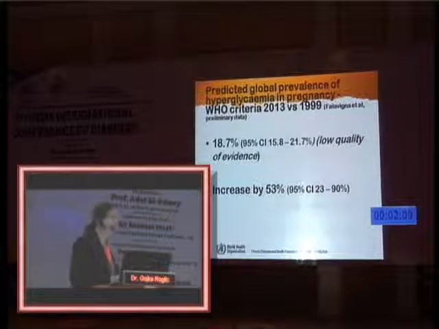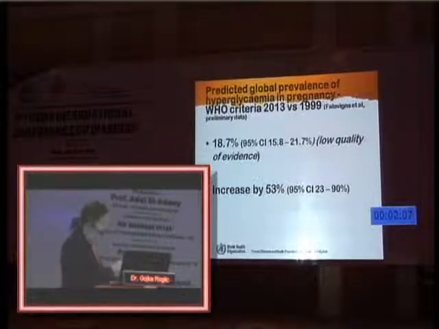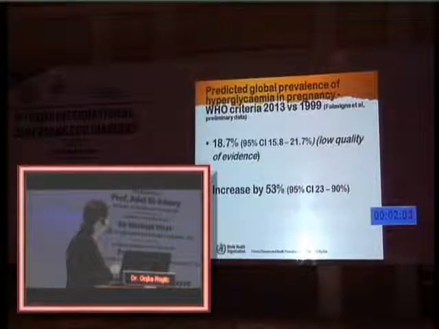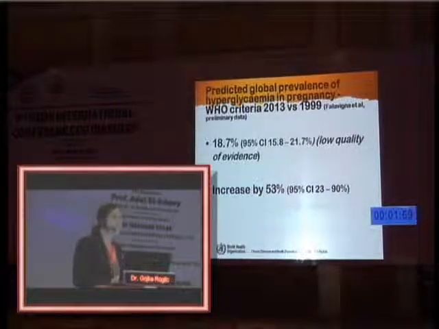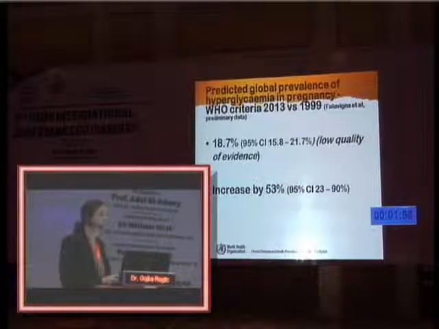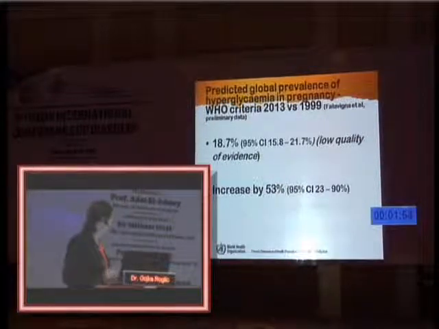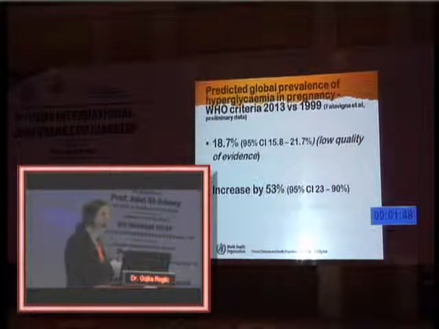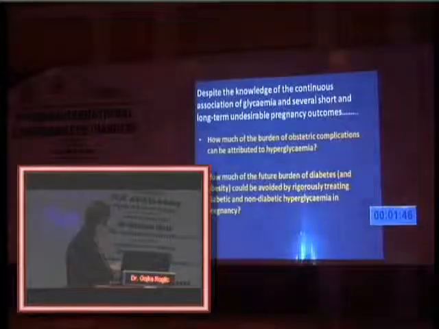And if we use the new criteria, this is an estimate, and that is the worry of some policymakers, that the prevalence of women that will have something wrong with their glucose metabolism in pregnancy will increase by 53% if every country adopts these new criteria.